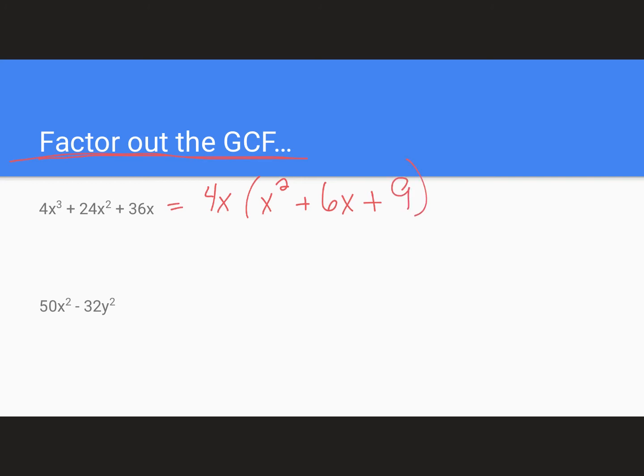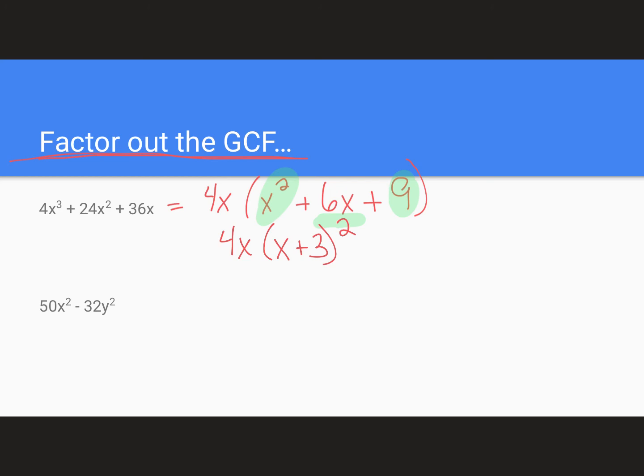Well, I can tell looking at this that this is a perfect square trinomial. x squared is obviously a perfect square. 9 is a perfect square, so its square root is 3. 3 times x times 2 is 6x. So this is a perfect square trinomial. So my answer is 4x times (x plus 3) squared.